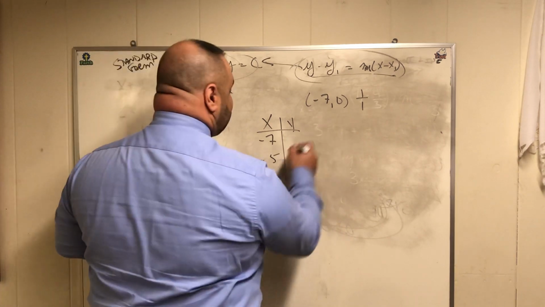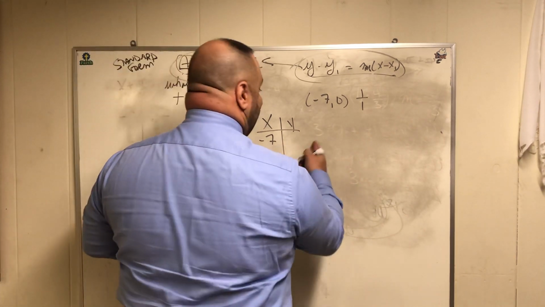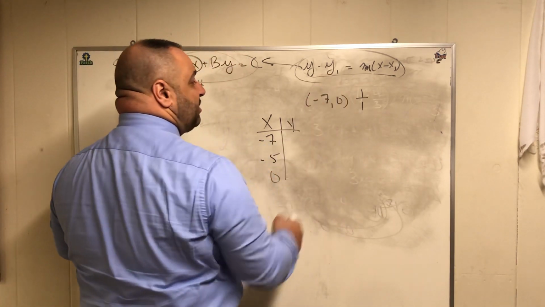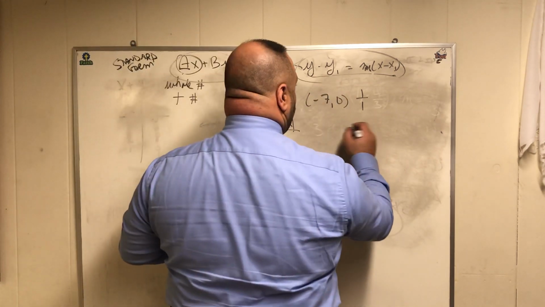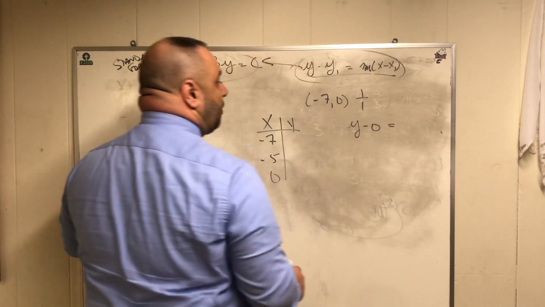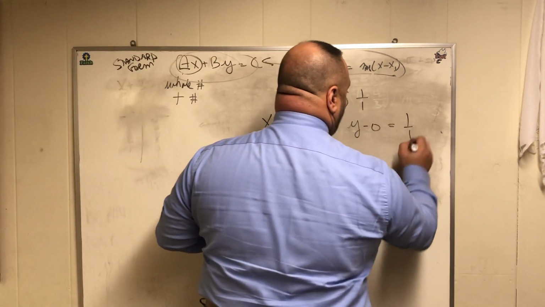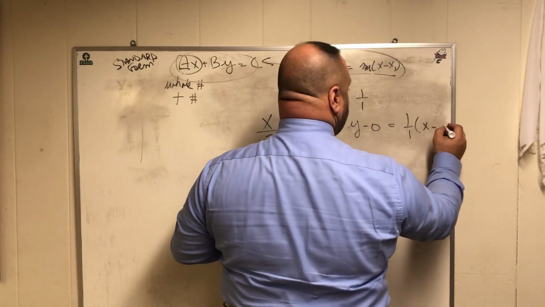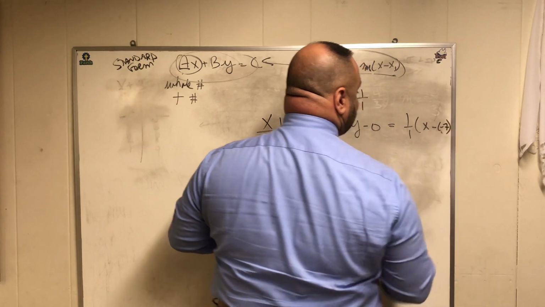Obviously before we can graph anything, we have to find what the equation is. So we're going to use this point-slope equation to find our equation. So y minus y1, which is 0, equals 1/1 times x minus x1.